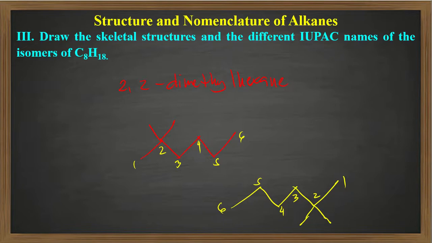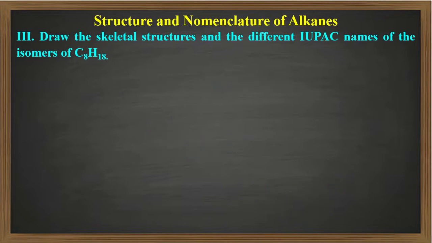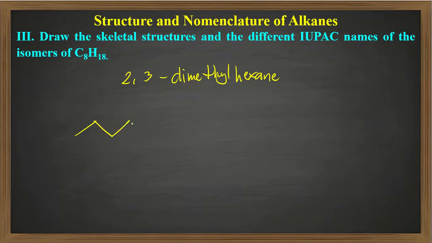Next, we can move one methyl to carbon number 3. So, this will be 2,3-dimethyl hexane. Still hexane. So, we have here 1, 2, 3, 4, 5, 6. Another one, 1, 2, 3, 4, 5, 6.